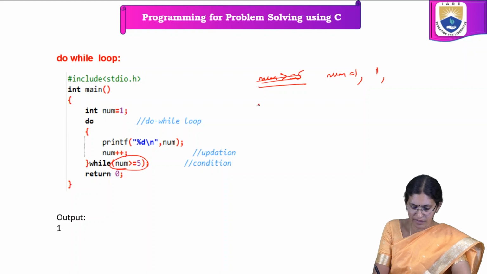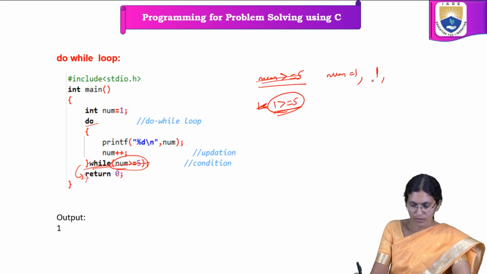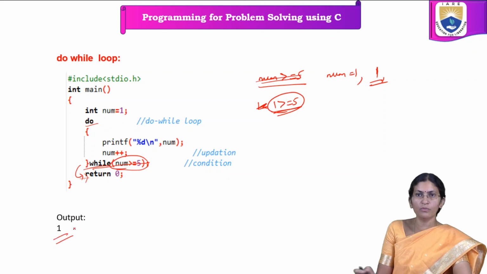The condition checked is 1 is greater than or equal to 5. So this becomes false. As soon as this becomes false, control is transferred out of the do while loop. There are no statements here, so program execution will be stopped. So the output of this program is 1.